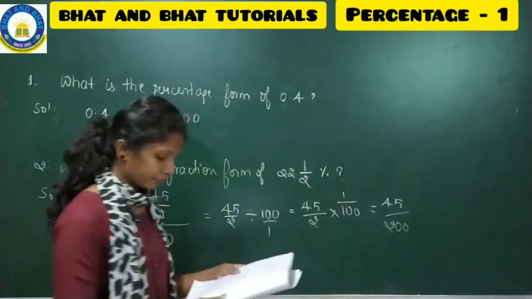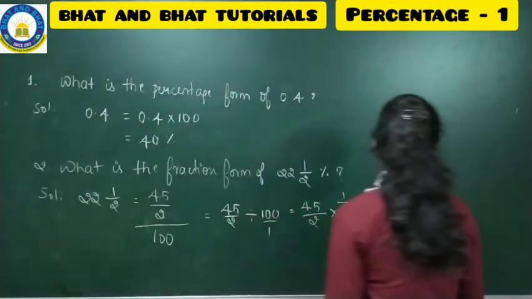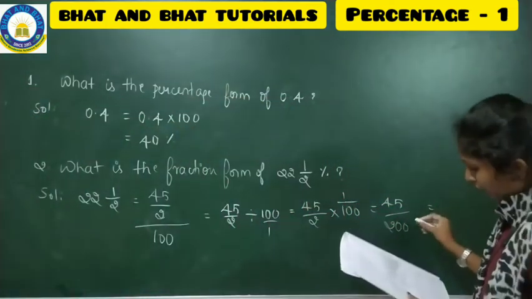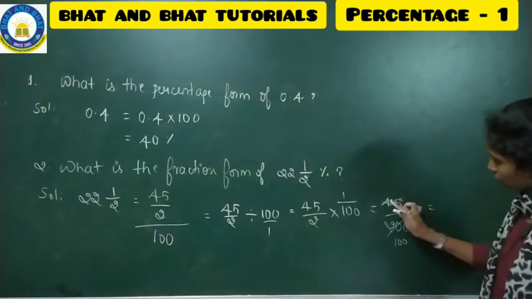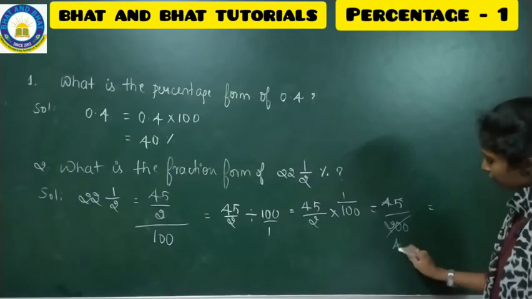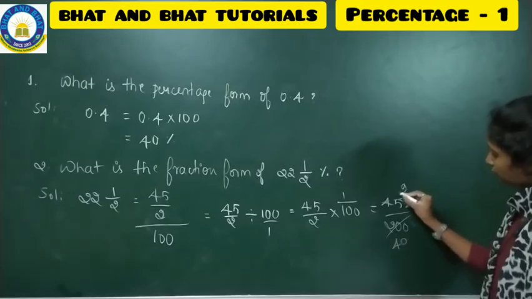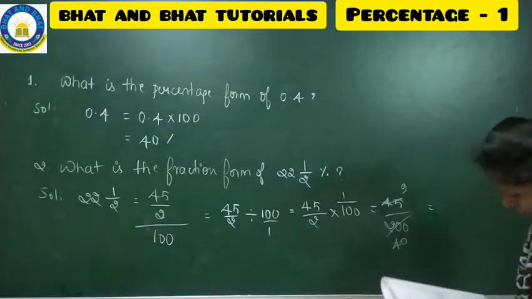And further, let me simplify that. 5 fours are 20, 5 nines are 45, and now I can go with 9 by 40.